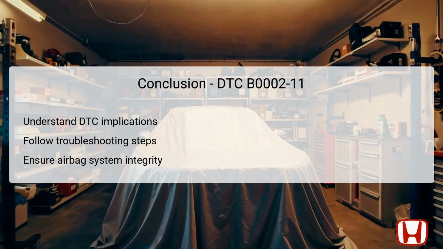Following these steps accurately not only facilitates repairs, but also guarantees the reliability of the airbag system, ensuring a passenger's safety. Finally, incorporating preventive maintenance into vehicle care practices will help in preserving the integrity of the SRS, making strides toward a safer driving experience.